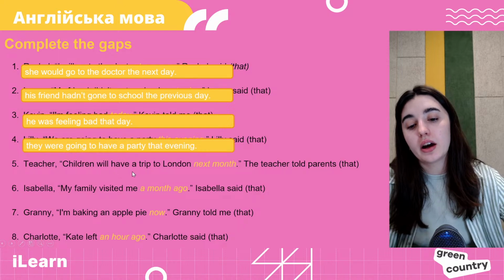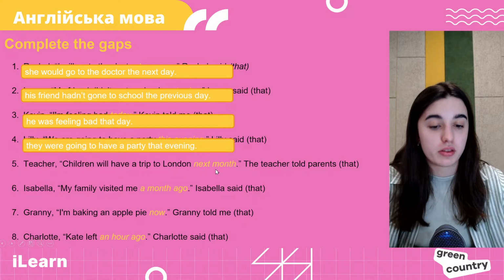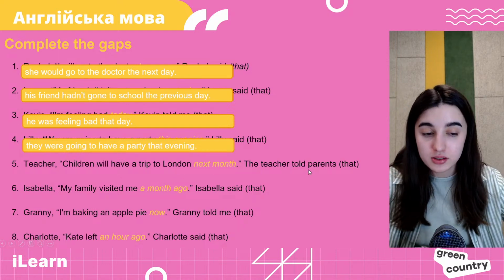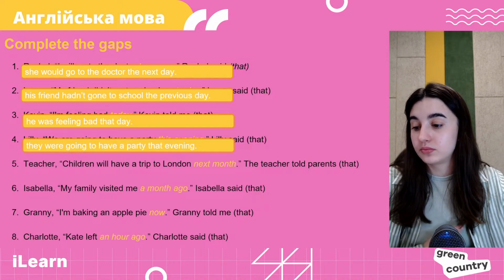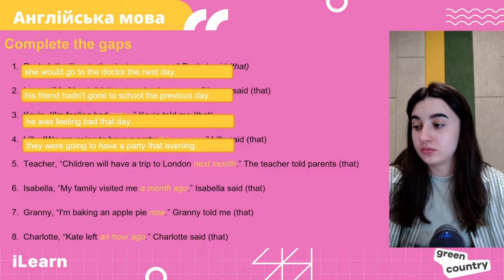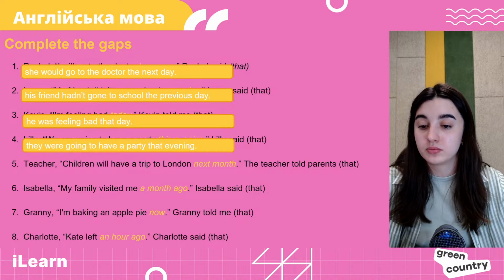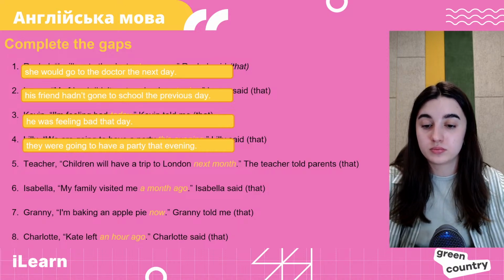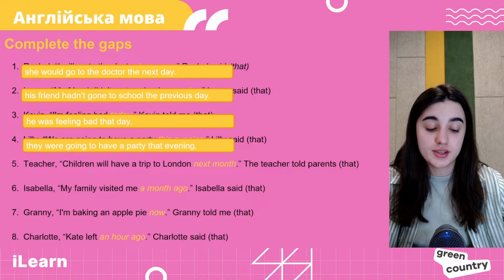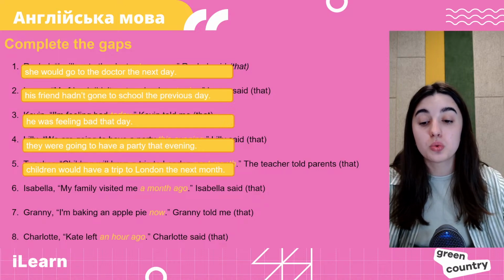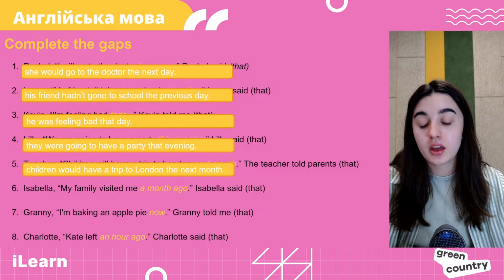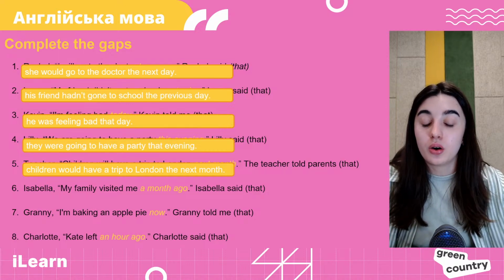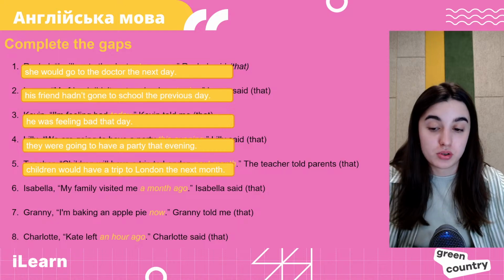Teacher, children will have a trip to London next month. The teacher told parents that the teacher said that children would have a trip to London the next month. Okay. Or the following month is also possible.